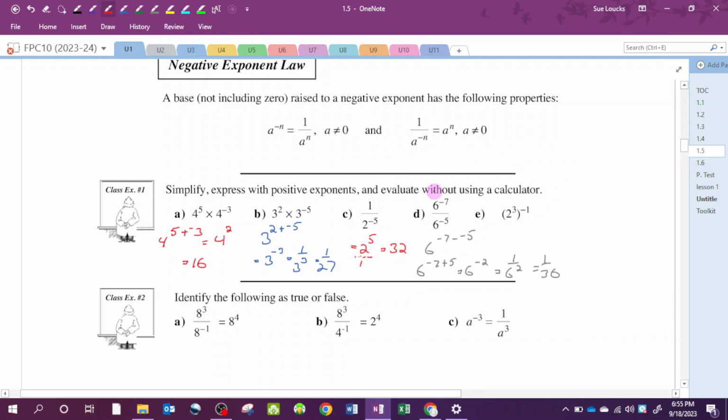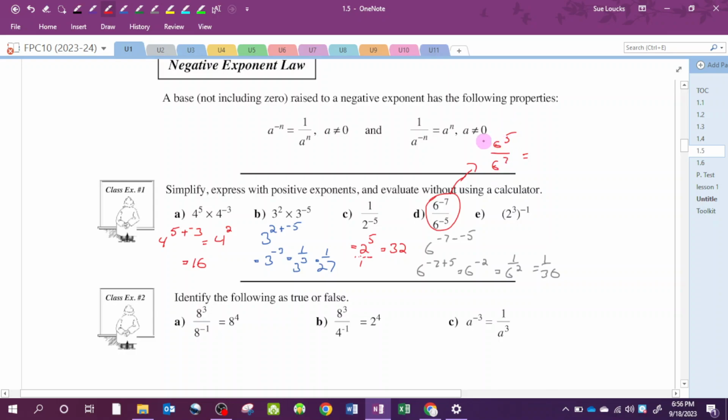Another way I might do it: my inclination, if I'm working in fractions, is always to get rid of my negative exponents. So I would move the 6 to the negative 5 up to the numerator and make it positive, and move the 6 to the negative 7 into the denominator and make it positive. Then I'm not really thinking about the subtracting rule.